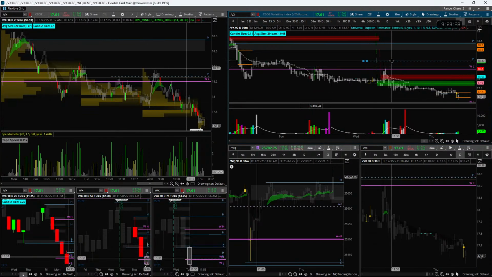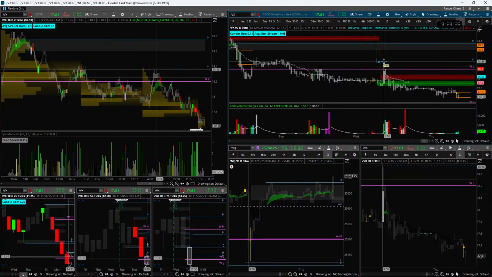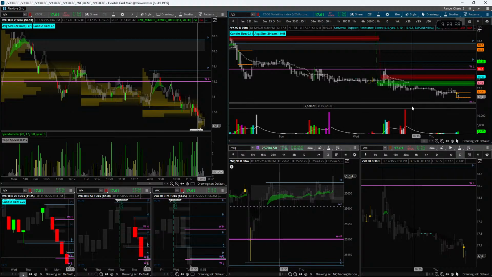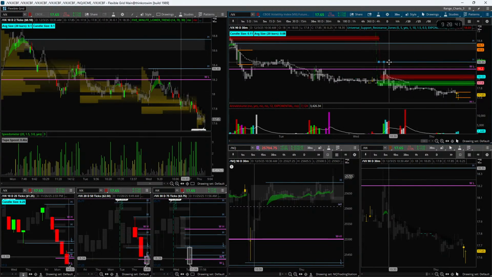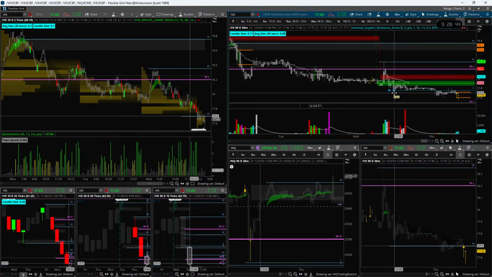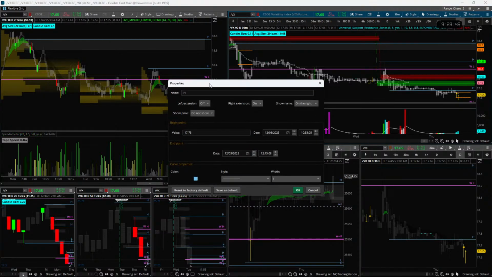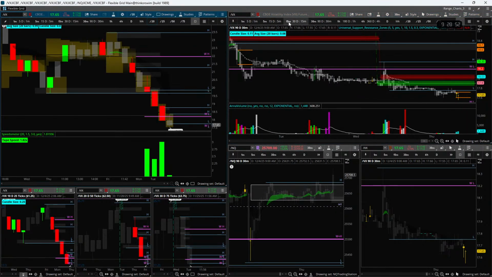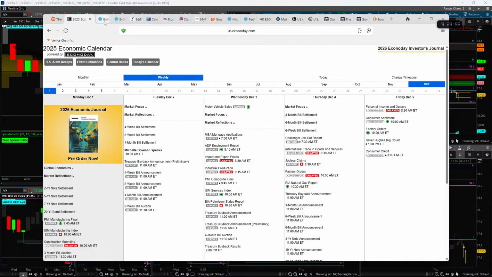I also got to add settlement price for NQ and for ES. Yeah, but it doesn't look like VIX did much for me yesterday besides just be there. Alright, let's go back to NQ and ES, and let's add the settlement prices.